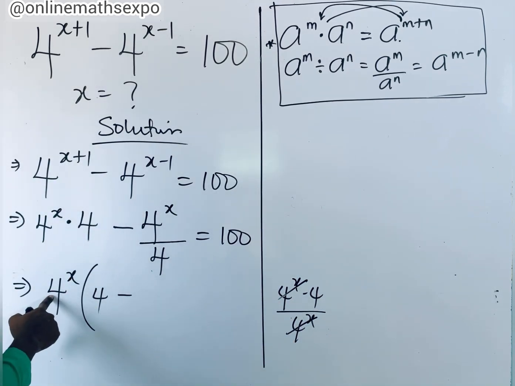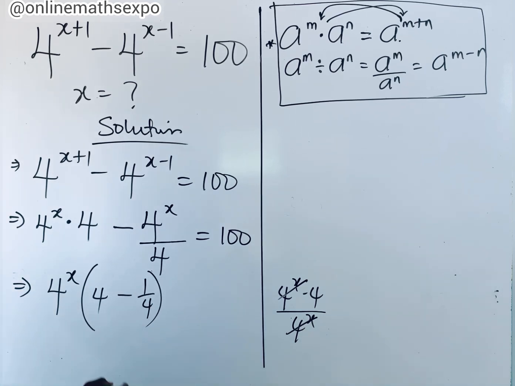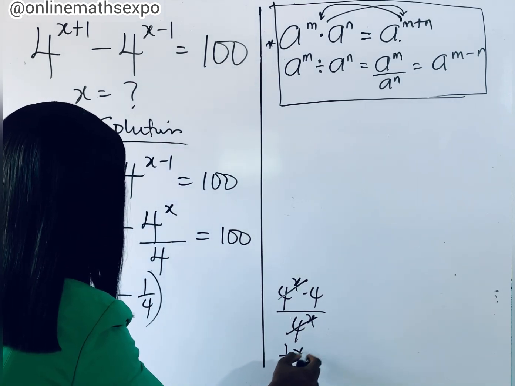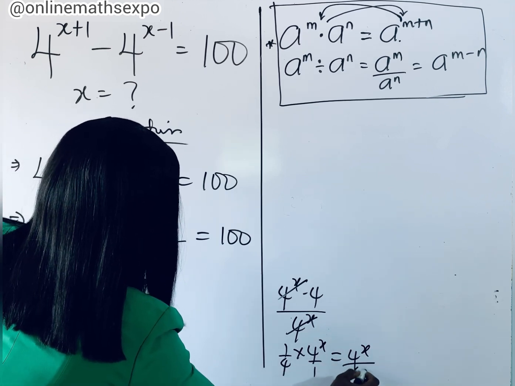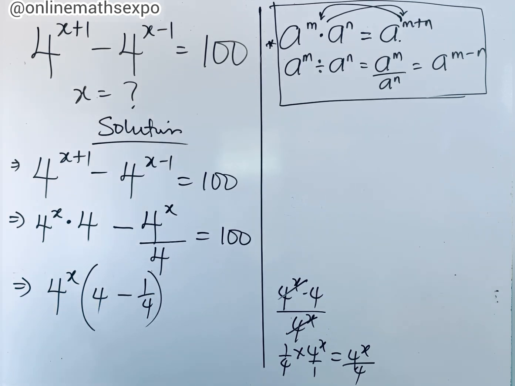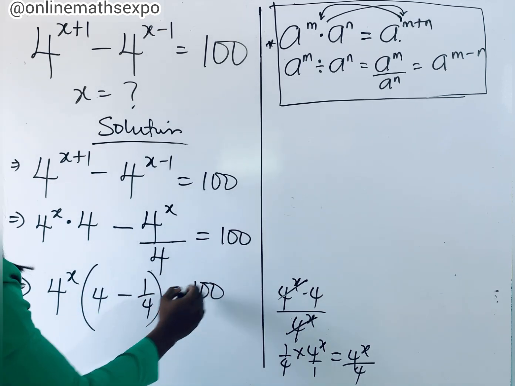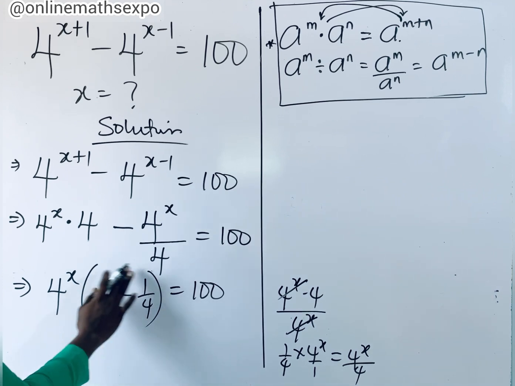Then minus, when this divides this, you are left with 1/4. Because you know that 1/4 times 4 to the power of x gives you back 4 to the power of x over 4. So when you use this to divide, it gives you this. Now this is equal to 100. So what do we do next? Let's simplify this in the bracket.